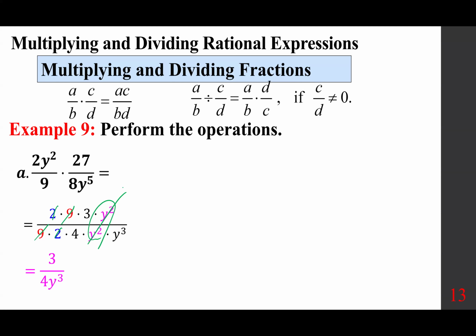Or you can do that right here. I'm going to go back to the original one. And the second method, instead of writing it out in this fashion, if you're comfortable simplifying just the way you see it, that works. So right here, you drop the 2y squared with 8y cubed, and you get 4y cubed.